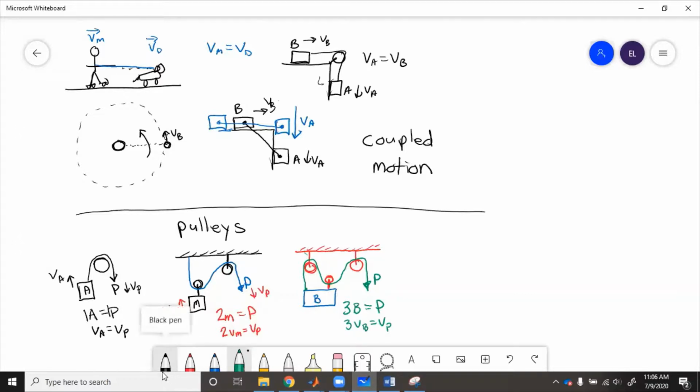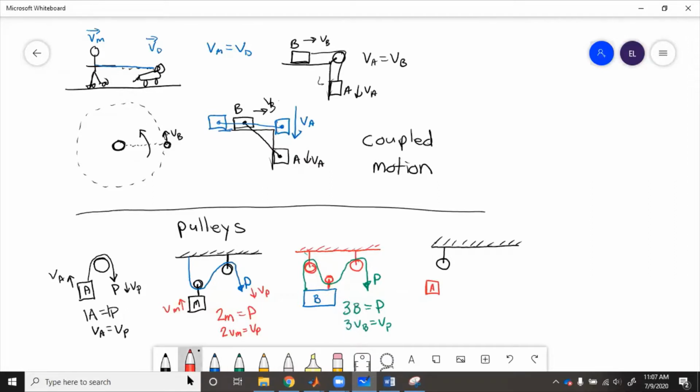Now, sometimes for a pulley system, there are multiple ropes. So this is where it gets a little more complicated. Let's say we've got this, and there is a pulley hanging down here. And then there's block A hanging here.